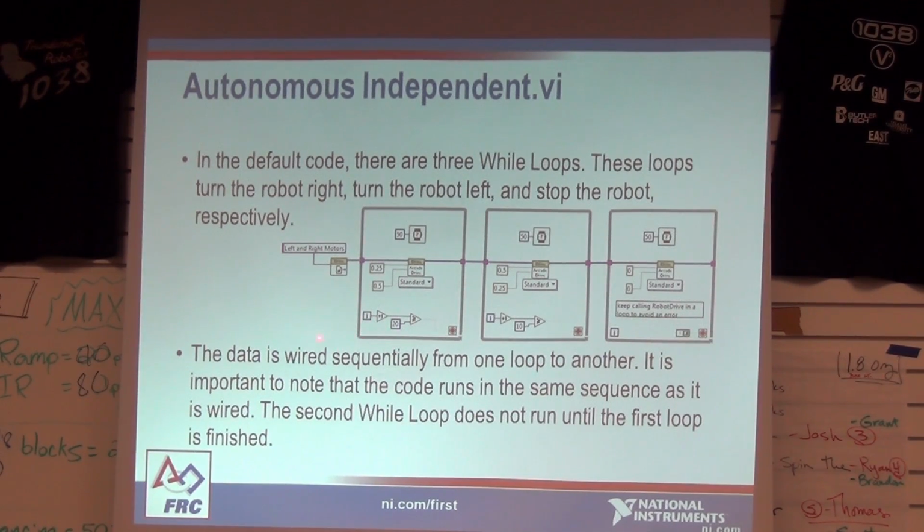So I get a second to run and turn to the left. Hypothetically, if the other actions built into that VI took longer than 50 milliseconds, would the wait just have no effect? Right, it wouldn't have any effect.